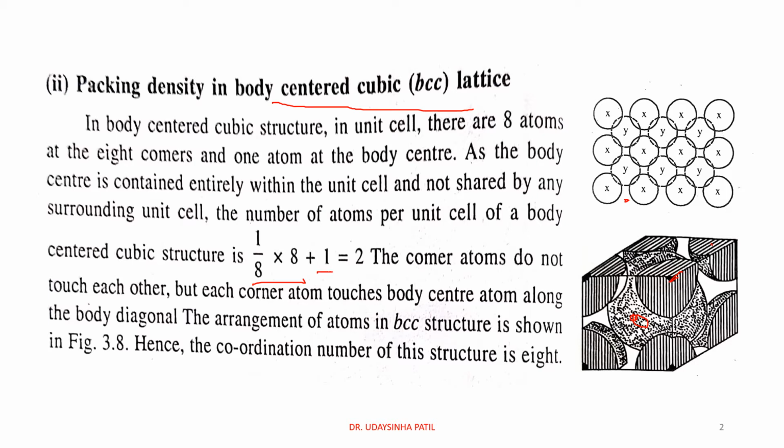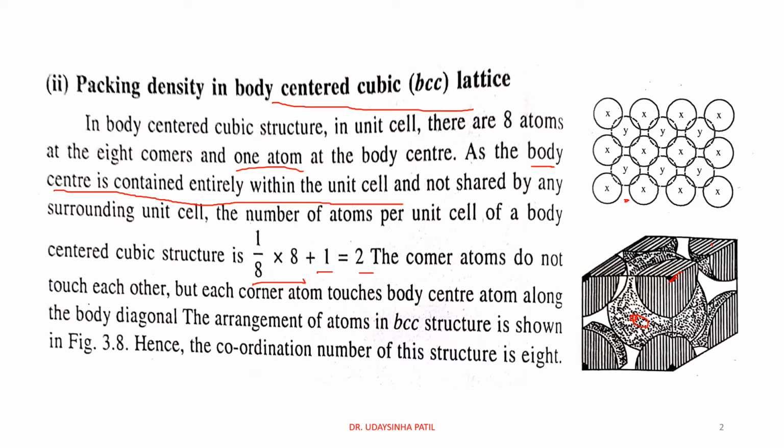Why plus 1? Because the body center atom is contained entirely within the unit cell. Therefore, the total number of atoms for the BCC unit cell is 2.